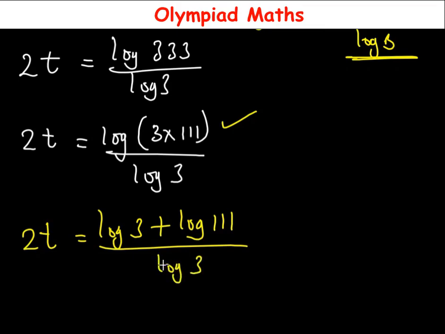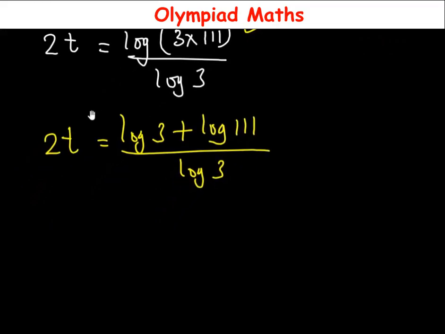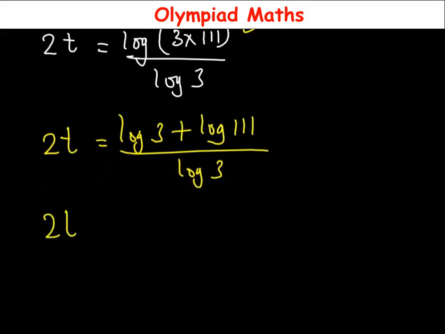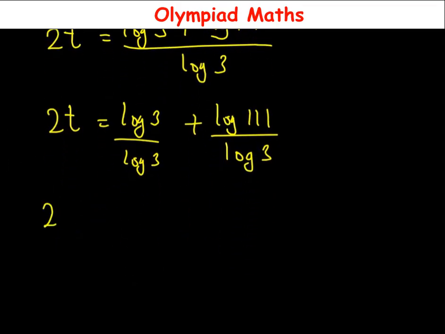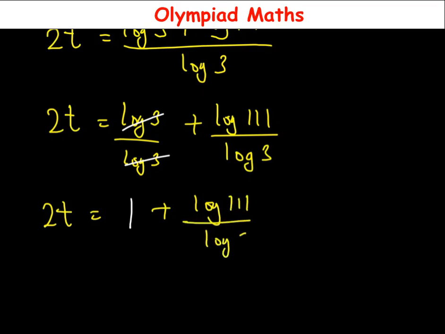From here, we can split the denominator. So 2t is equal to log 3 over log 3 plus log 111 over log 3. So 2t is equal to, log 3 cancels out log 3, that equals 1, plus log 111 over log 3.